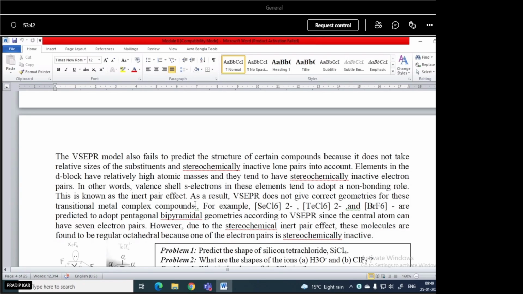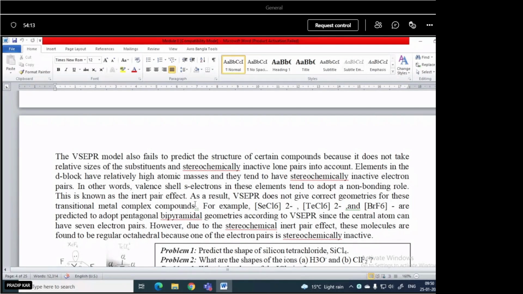And as size is increasing, for iodine the size is higher, so repulsion is more. But as bond distance is increasing, it is compensating for the repulsion of the big size. That is why, in summary, we have to consider that in VSEPR theory, which is not explained in VSEPR theory.